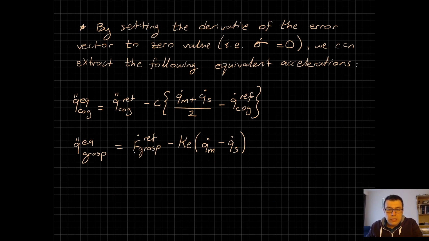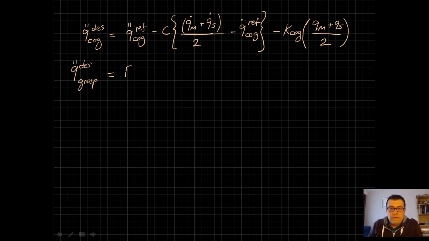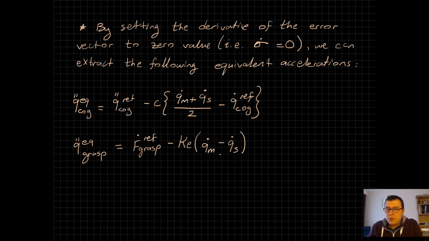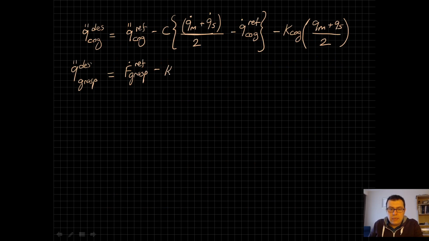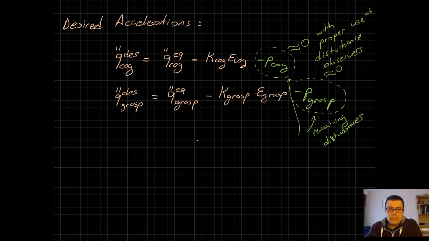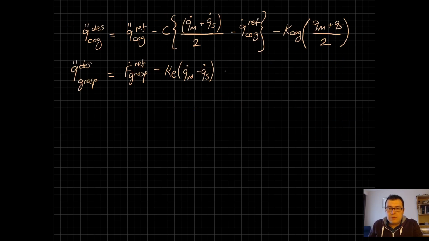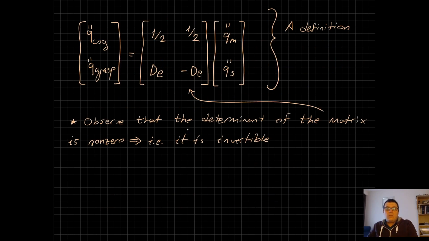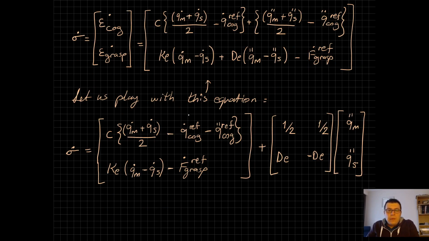So here we have F grasp reference dot minus K environment times Qm dot minus Qs dot, and we had minus K grasp times E grasp. What is the grasp force error? Let's go back to our original definition.